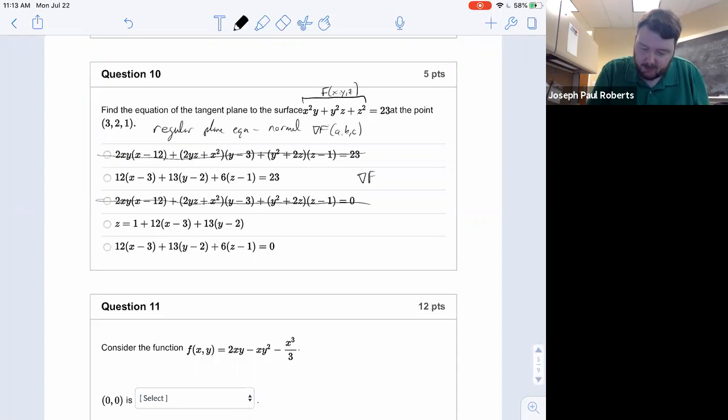So it looks like the gradient here is ⟨2xy, x squared plus 2yz, and then y squared plus 2z⟩. The gradient at (3, 2, 1) is, well, 6.